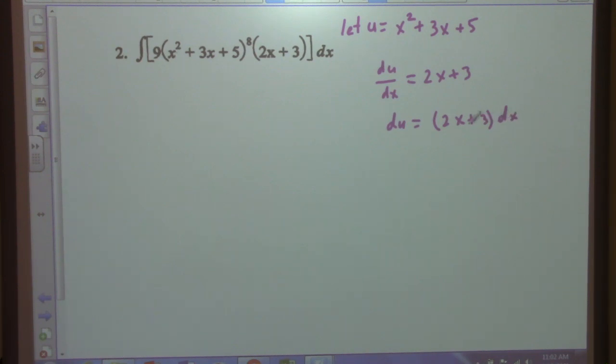Now, before we actually go and work this out, the next thing we're going to do is solve for dx.